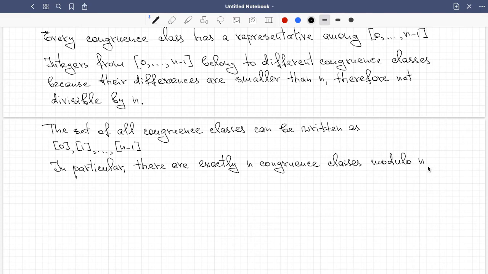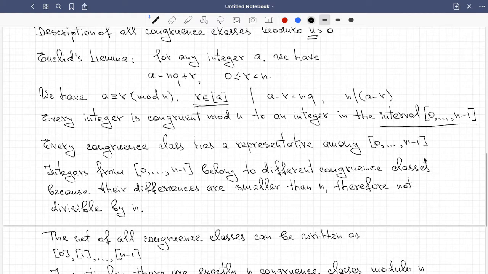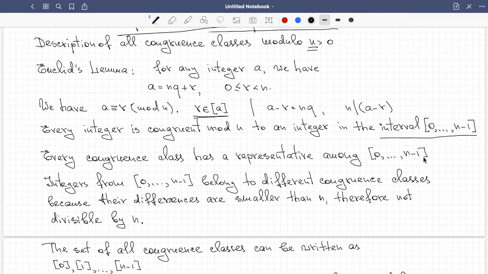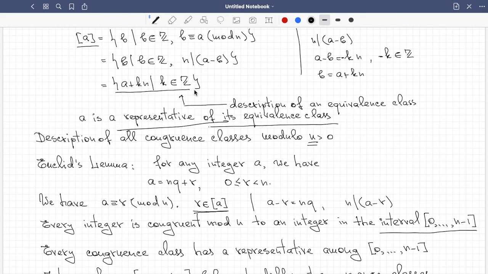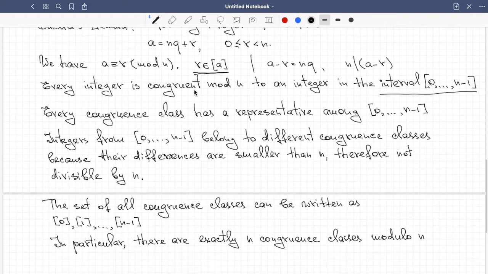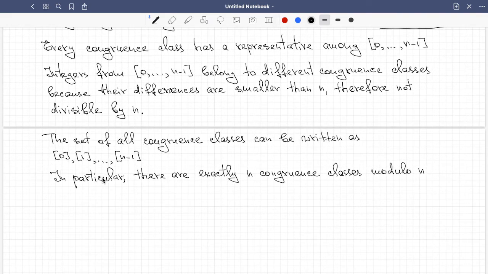So we pick any positive integer n, and we now have a description of an arbitrary congruence class as a set, and a description of the set of all congruence classes modulo n. By the way, the fact that there are exactly n congruence classes is corollary 2.5 in the book.